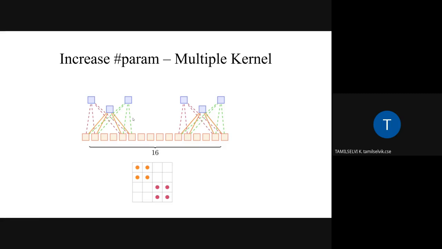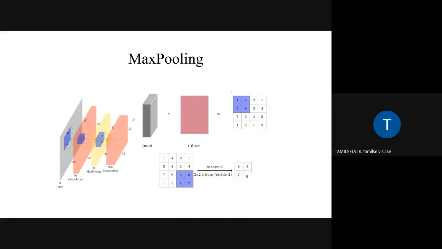You cannot say that if the number of parameters is decreased, the kernel updates will be minimal and so you cannot get the output as efficient as we expected. This can be avoided with the help of multiple filters. Each filter will contribute to a particular aspect, and you can combine that. You will combine multiple 2D outputs and get a single 3D output. We have seen this earlier. Okay, next one, max pooling.